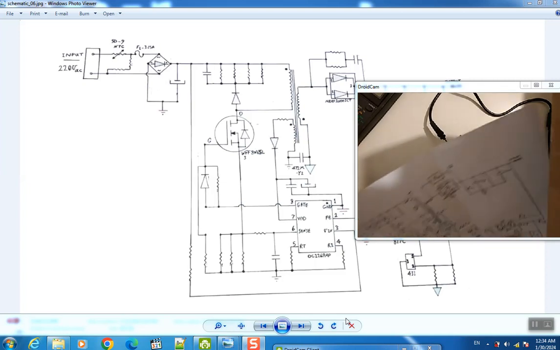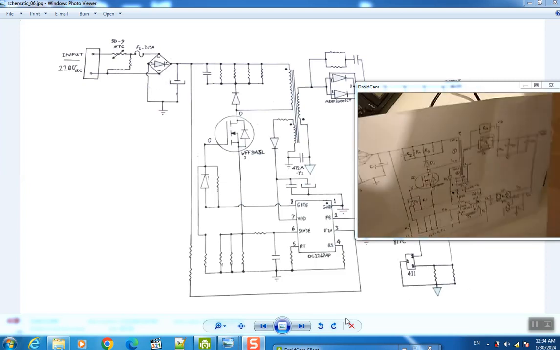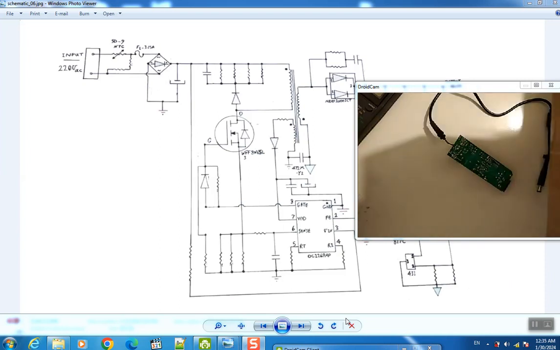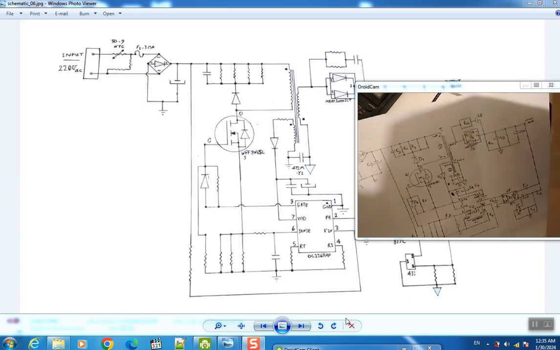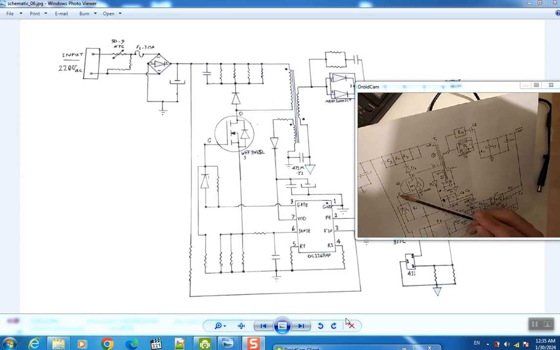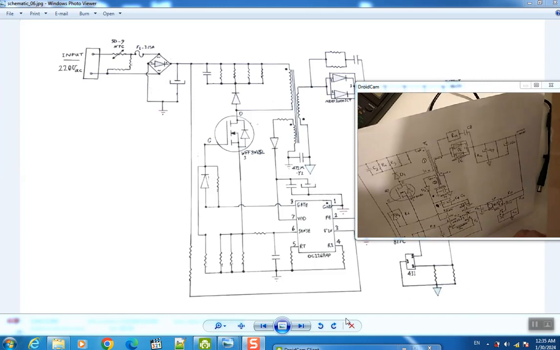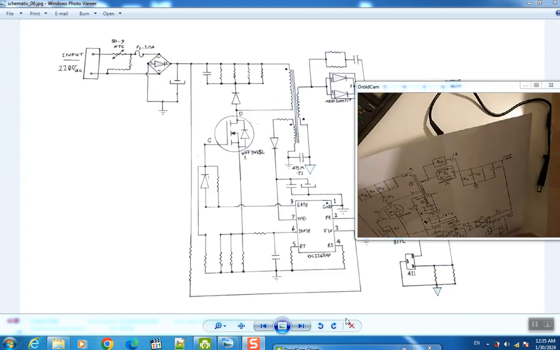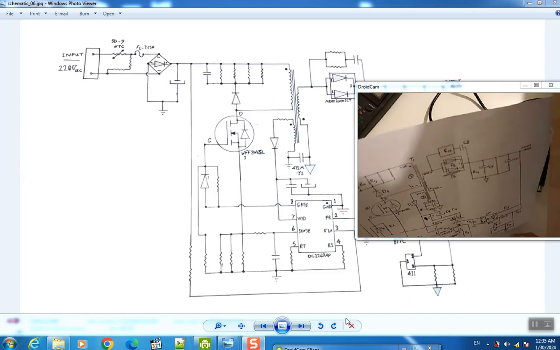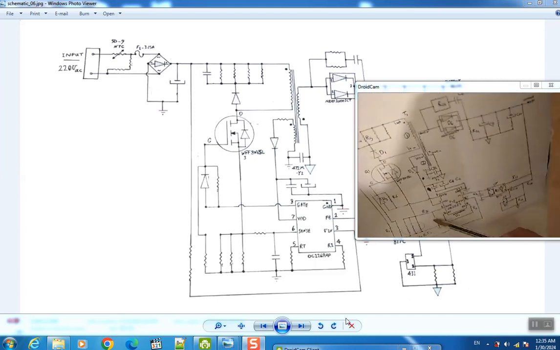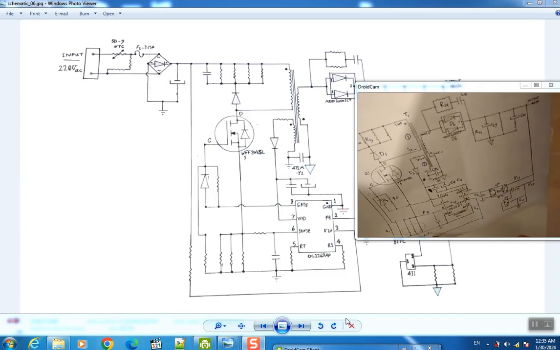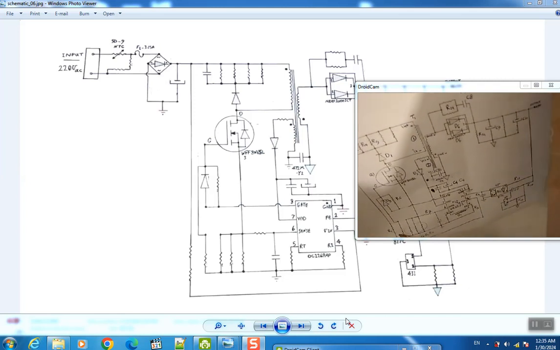Okay. I have traced and identified the elements on the board. And as you can see, there are some elements on the diagram which have not been used in the board, so I can remove them, like this resistor or this capacitor, this resistor, and this resistor.